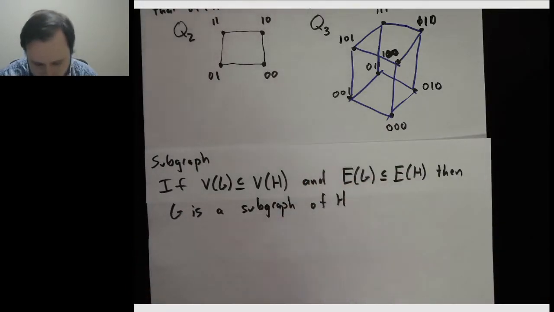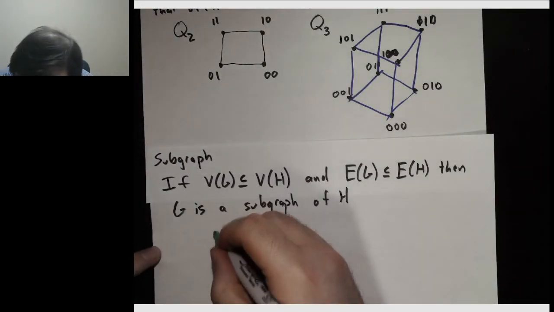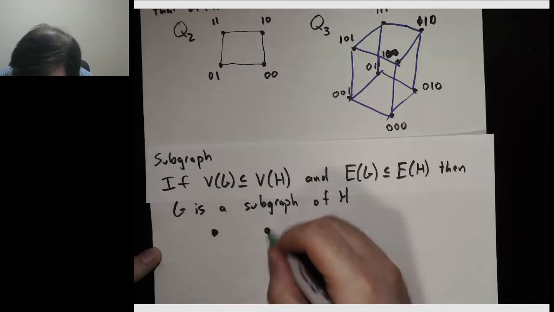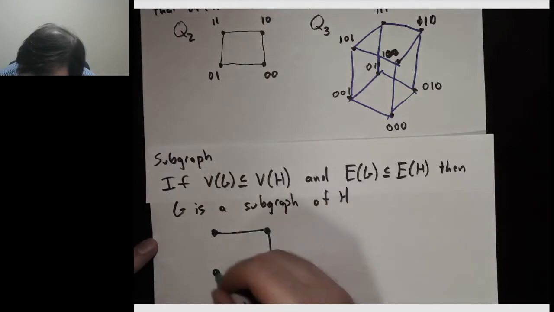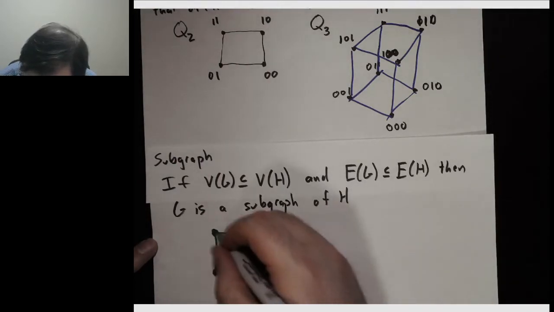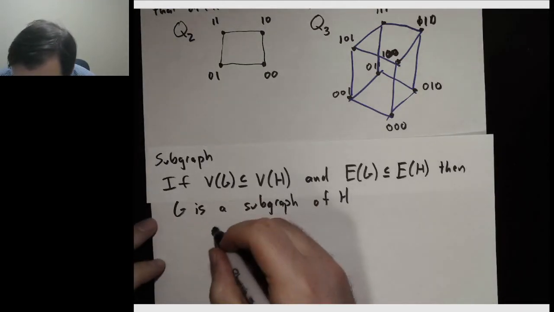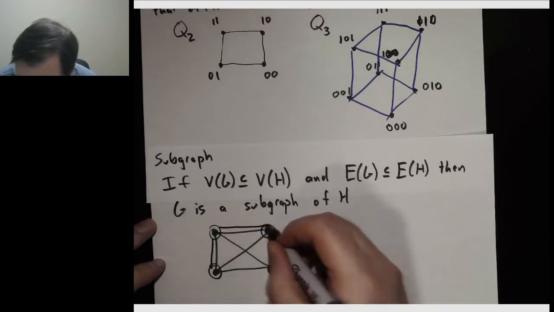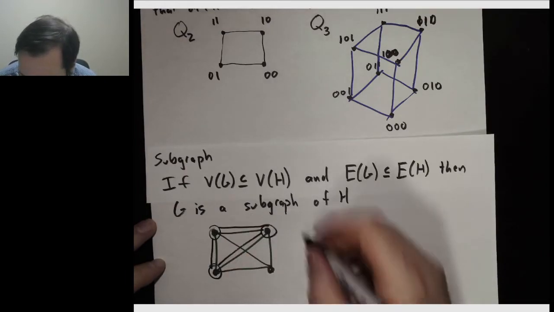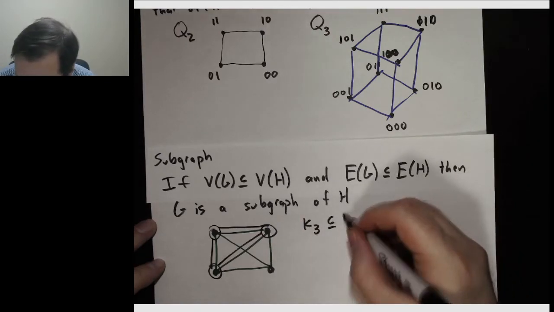So if I draw in a K4, I can find a copy of K3 inside of my K4. K3 is a subgraph of K4.